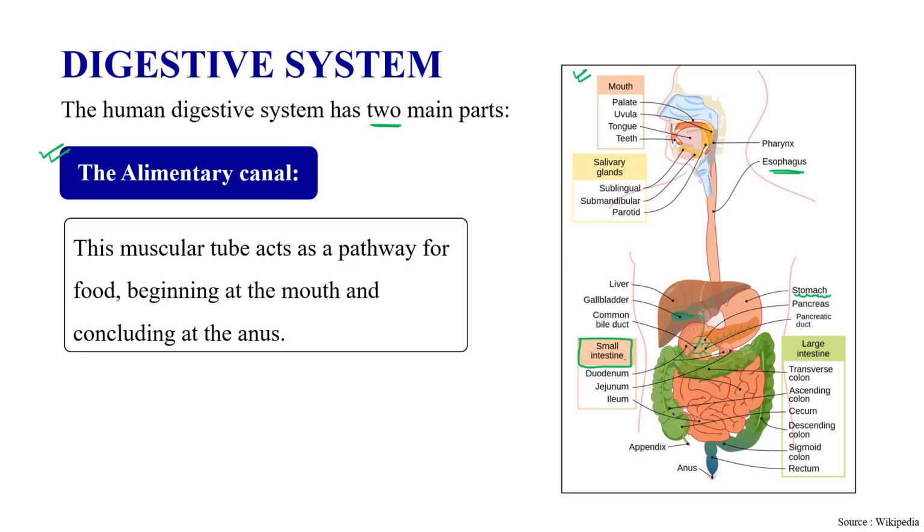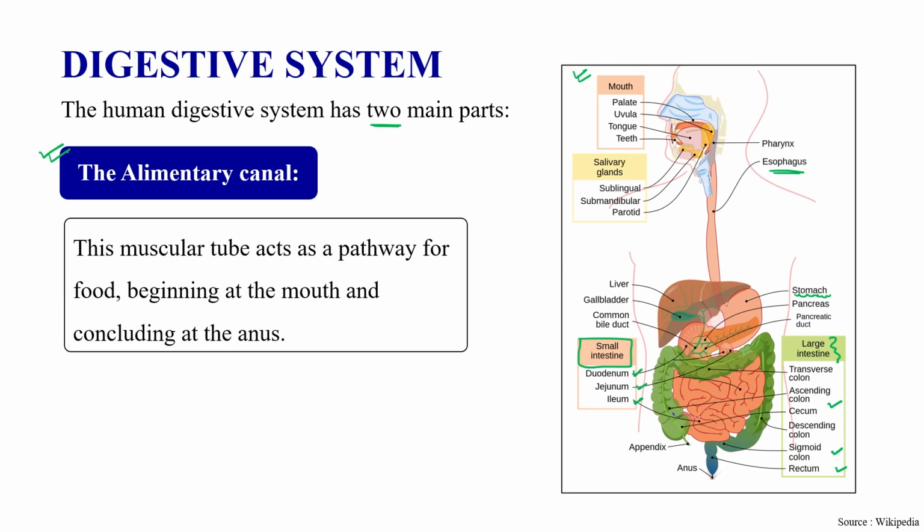We can further divide the small intestine into three parts: first one, duodenum, then jejunum, and then ileum. The last part, ileum, is followed by the large intestine. Again there are three different parts of the large intestine: cecum, colon, and rectum. Okay, so these are the parts of our digestive system.